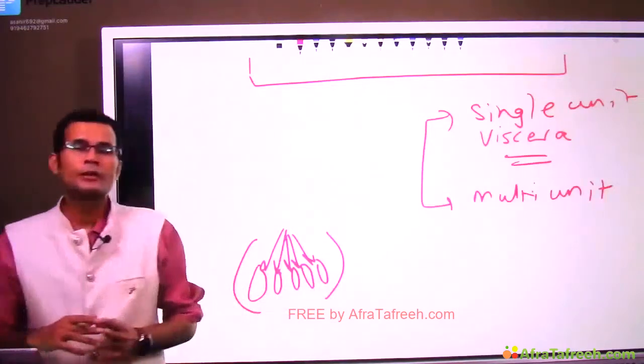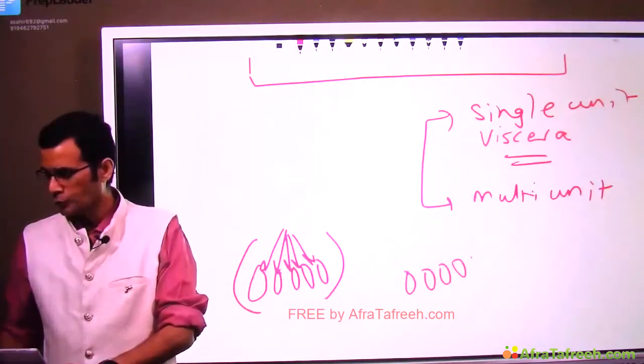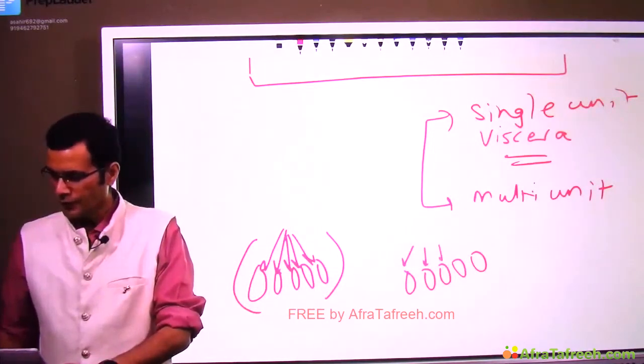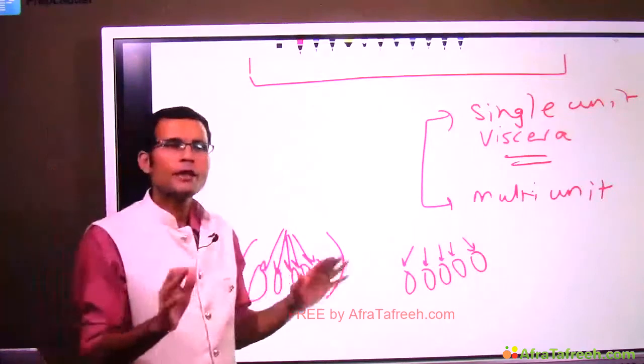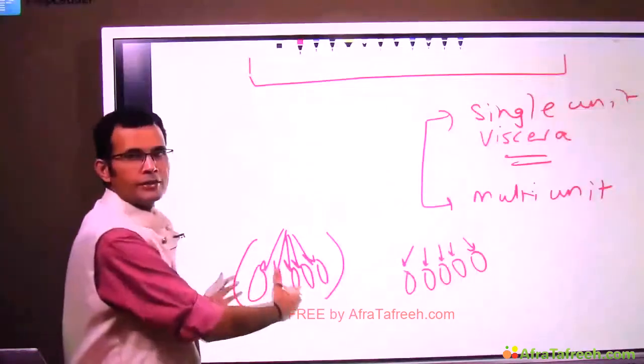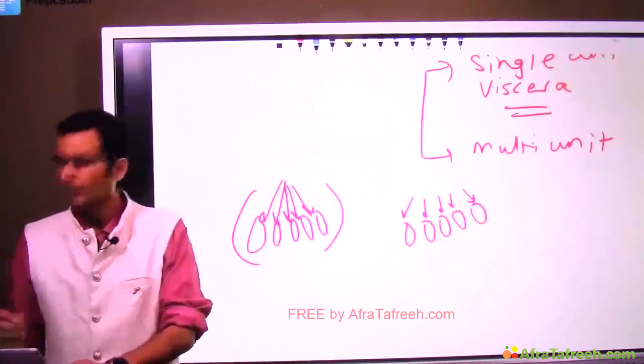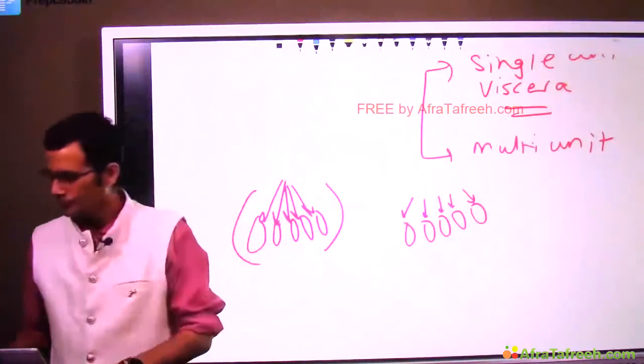Multi-unit smooth muscle is where the smooth muscle cells operate as multiple units and not like a single functional unit. So where do you find the multi-unit smooth muscle?